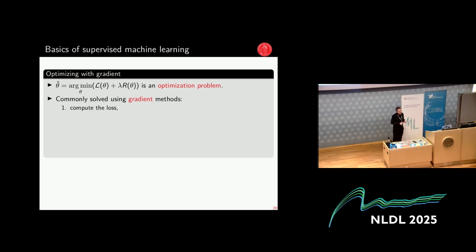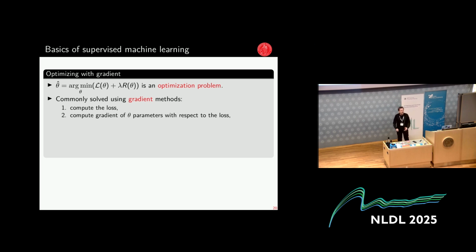So the gradient methods, again, of course, we do not have time to cover them in great detail today, and some of you probably already know about stochastic gradient descent, etc. So we don't want to repeat it too much.